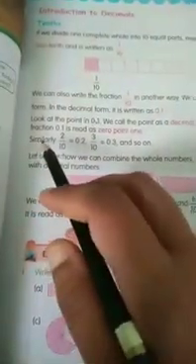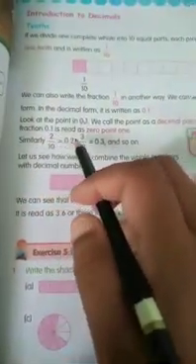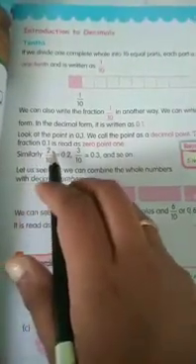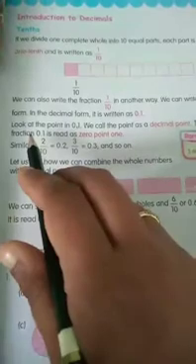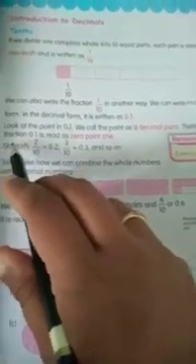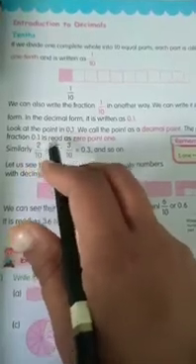The decimal fraction 0.1 is read as zero point one.